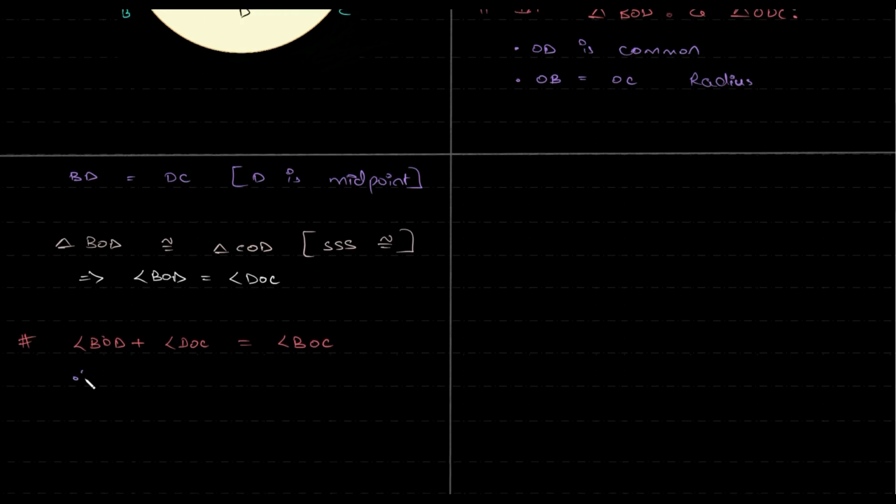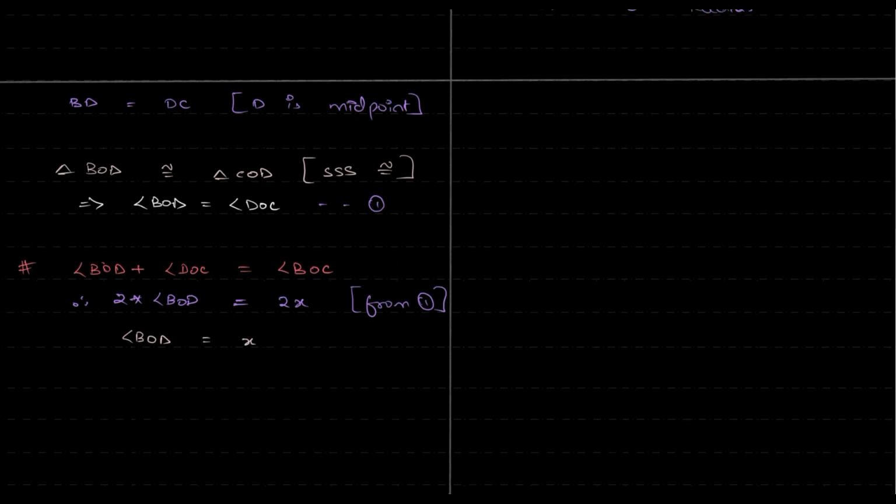Therefore, I have 2 times angle BOD is equal to 2x, right? This is from 1, where we got this to be equal, and therefore angle BOD is equal to x. So clearly we have angle BOD is equal to angle A is equal to x. Okay, hence proved.